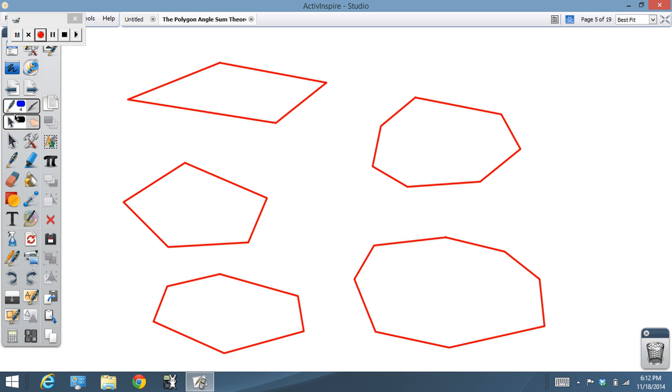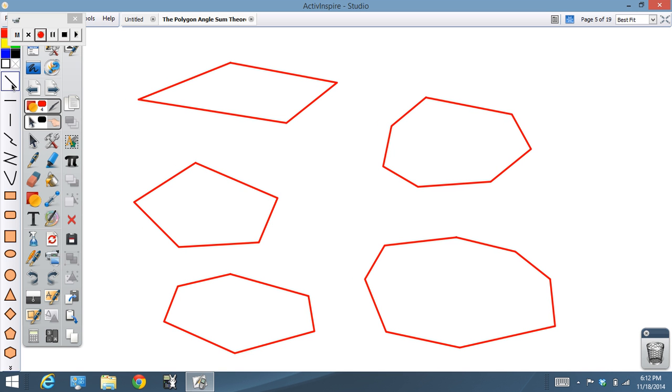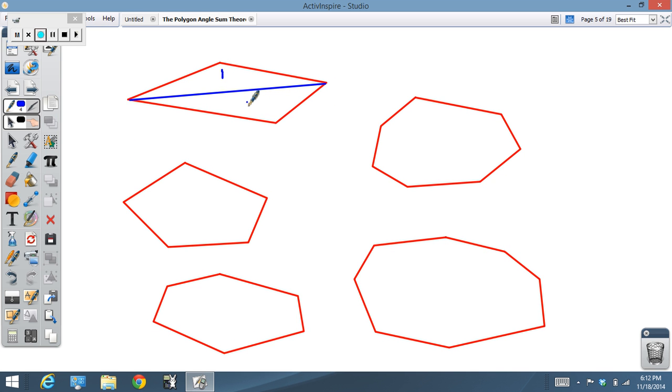Let's look at something kind of cool. We're going to look at making some lines here. Okay, look at what happens when I make a diagonal in that one polygon. If it has four sides, quadrilateral, and I make a diagonal, look what we've done. I've created 2 triangles. Both of those triangles have to add up to 180, right? I have angles that add up to 180, and I've got 2 of them.